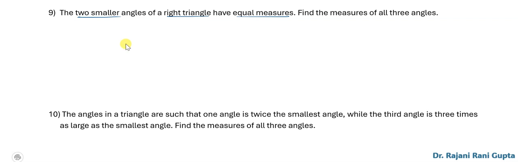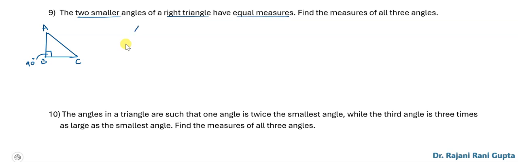Okay. If we consider the next one, it says two smaller angles of a right triangle have equal measure. So first you should know what is a right triangle. A right triangle is a triangle with one of the angles as 90 degrees. So suppose this is the triangle. This angle is 90 degrees. So let's say A, B and C. This is a right angle triangle.